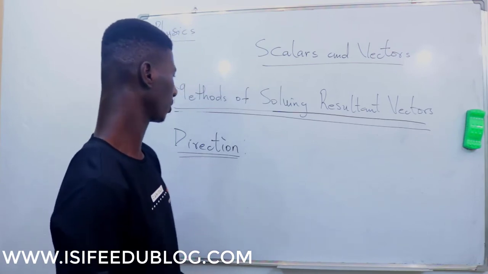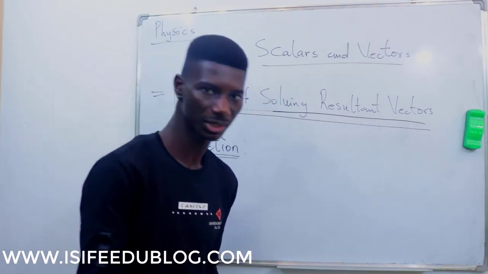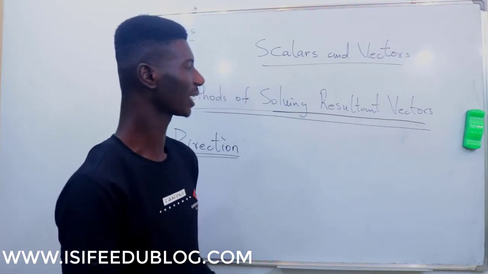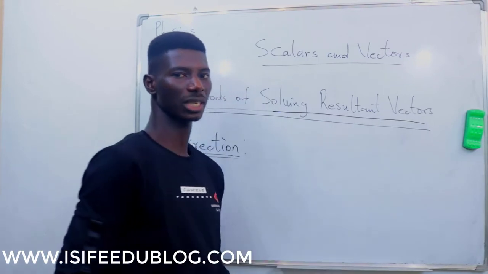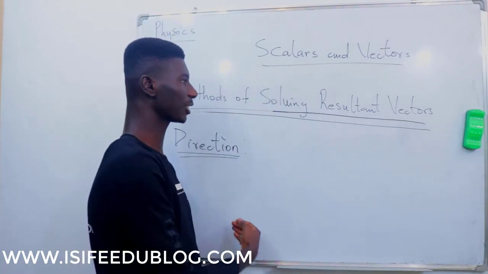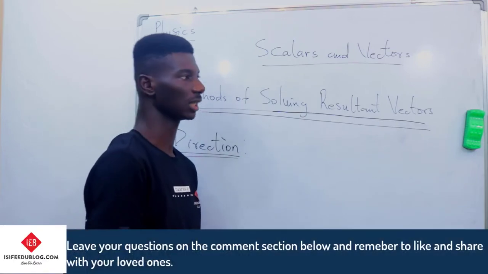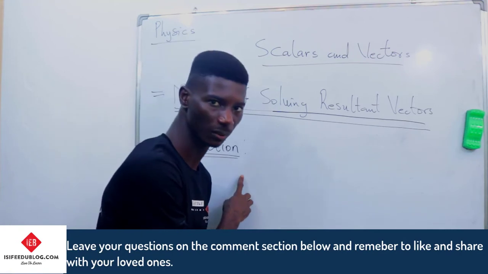Because what you get as the resultant is the magnitude, but the resultant vector is a vector, and a vector must have a magnitude and a direction. So whether they are asking you to get the direction or not, it is your job to get the direction irrespective of the question.